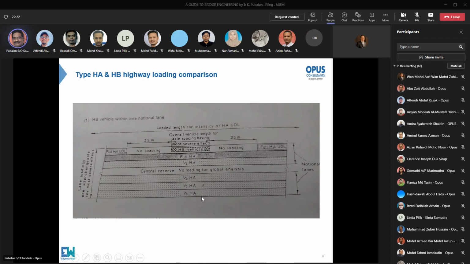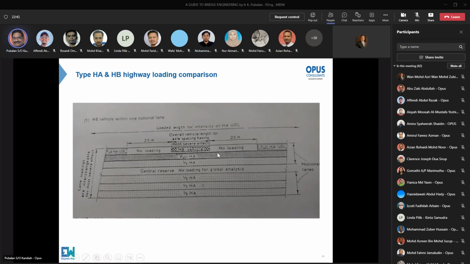So what they have done, this HB vehicle is very heavy. So what they have done, they have only considered HB vehicle on one lane, or it can straddle between two lanes. You know, it can be in the middle of these two lanes.